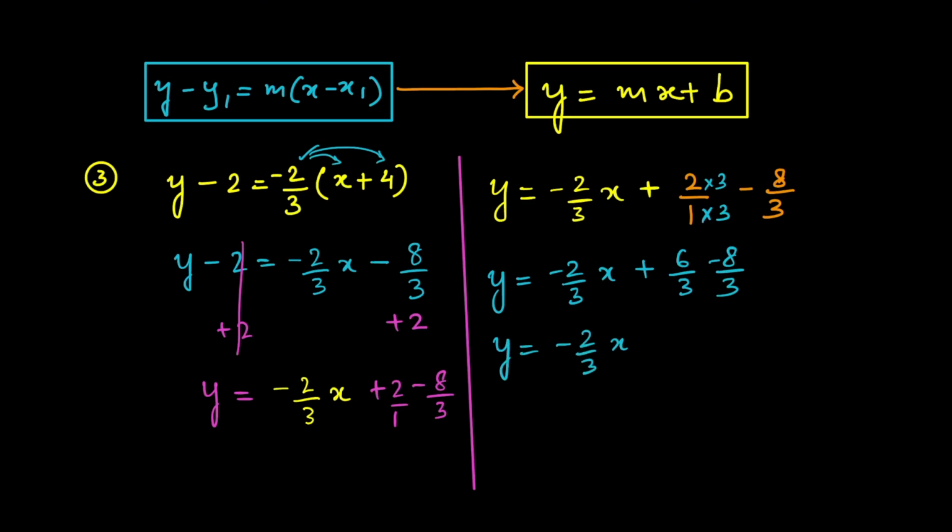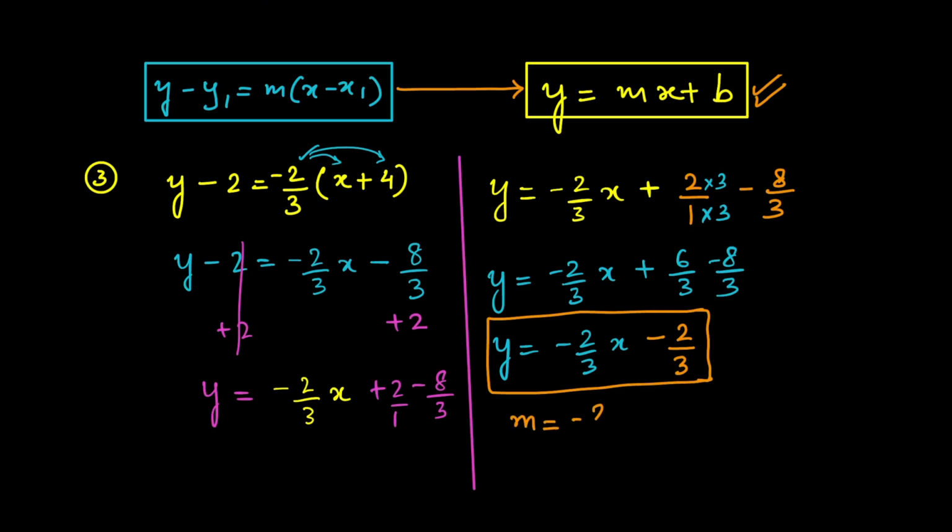So the constants 6/3 and minus 8/3 will be minus 2/3. So if we compare it with this equation, you can see the m value and b value: m is minus 2/3 and b is also minus 2/3.